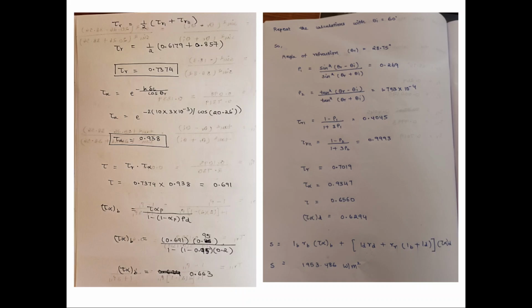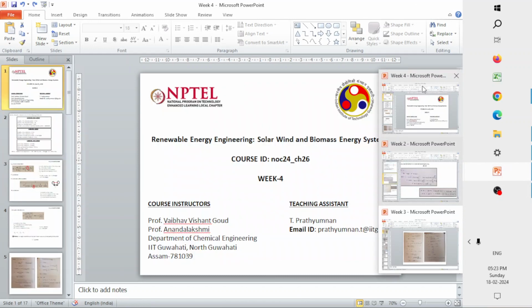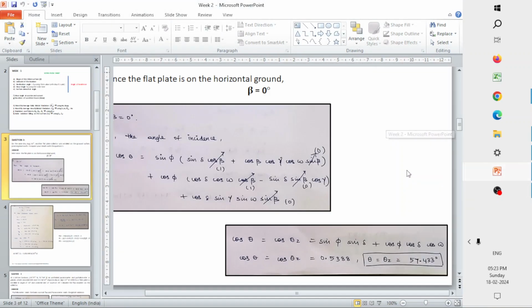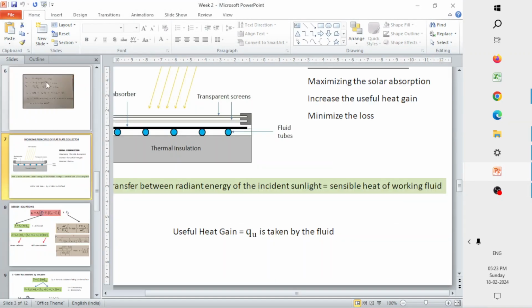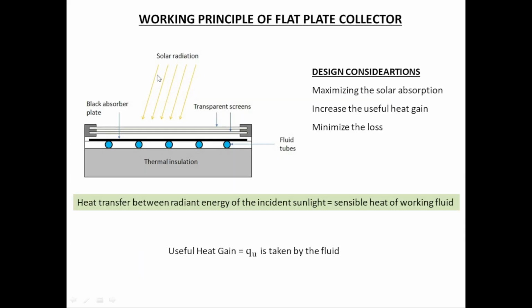So if you see in this diagram of week 2, your solar radiation is falling onto the glass cover, and then the refracted radiation moves through the air, since the space between the glass cover and your absorber plate is filled with air.